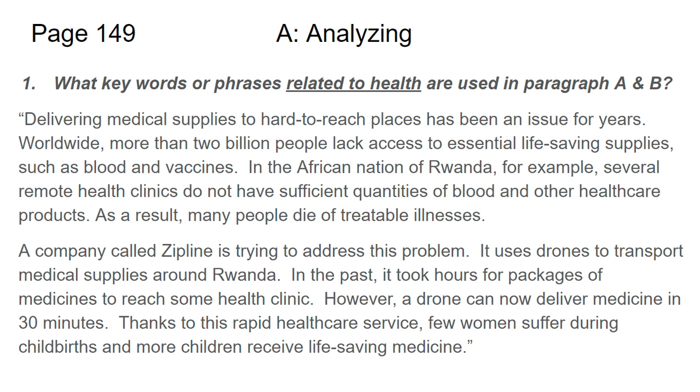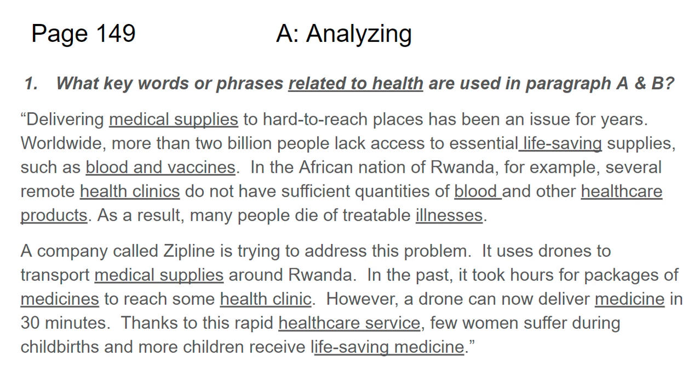Thanks to, this is a cause and effect, thanks to this rapid healthcare service, there's a health word, fewer women suffer during childbirth, and more children receive life-saving medicine. So because of this rapid healthcare service, fewer women are dying in childbirth.